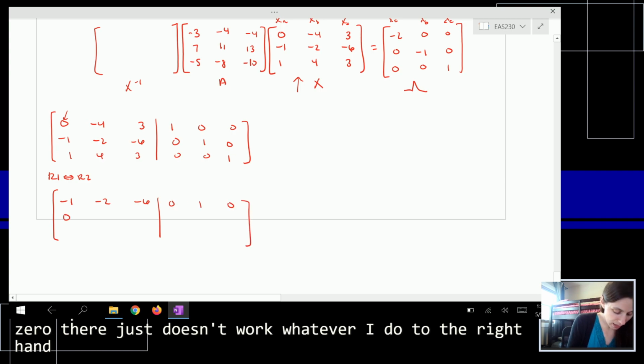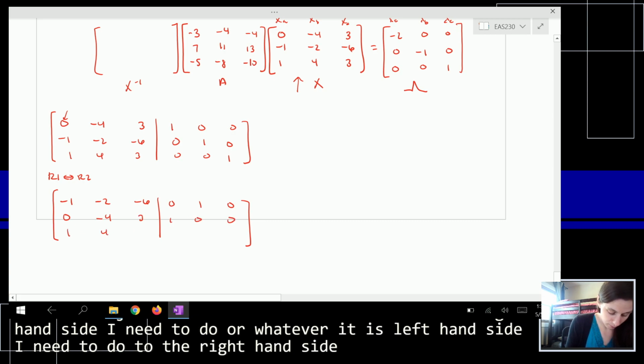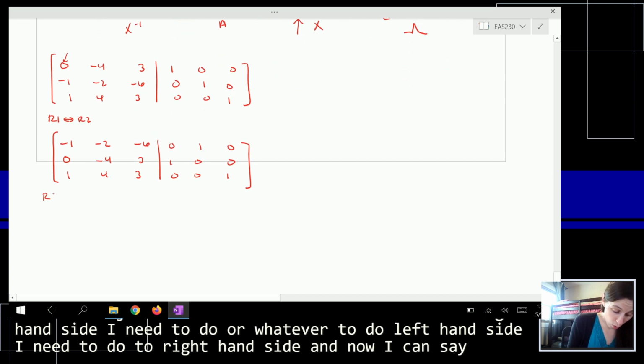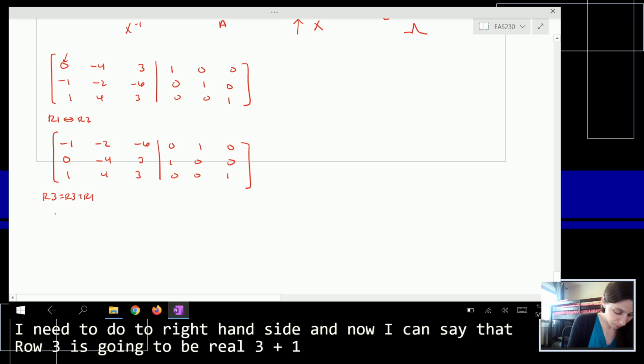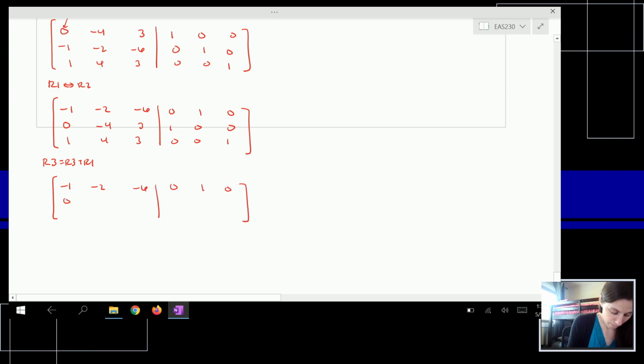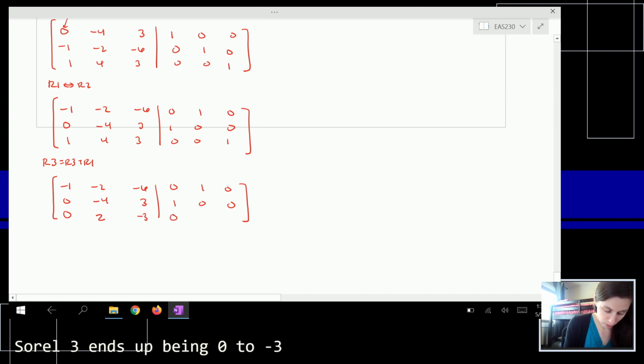Whatever I do to the left-hand side, I need to do to the right-hand side. And now I can say that row 3 is going to be row 3 plus row 1. So row 3 ends up being 0, 2, -3, 0, 1, 1. Oops, that's supposed to be a negative.